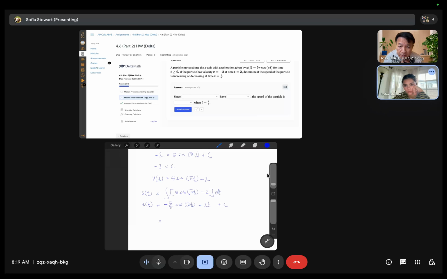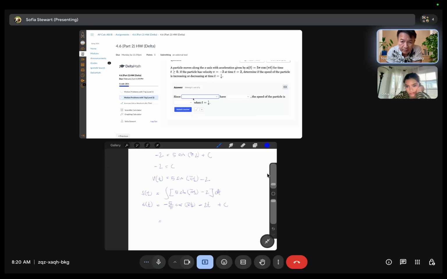Since t is 1/6, could you drop down and see what they gave you there? What are the options for the drop down? It says velocity and acceleration, position and velocity, or position and acceleration.